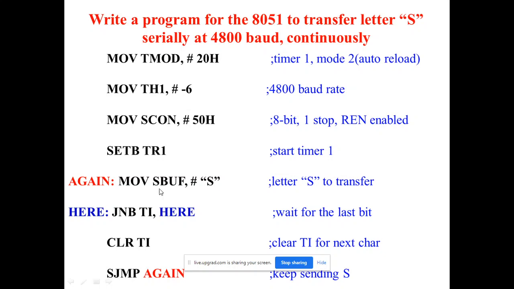Place the new S in SBUF, transmit again, clear TI, jump again. In this fashion, on the monitoring screen we get the data S, S, S, like that. In this way I achieved the problem statement: transferring the letter S serially at baud rate 4800 continuously. This is the program.